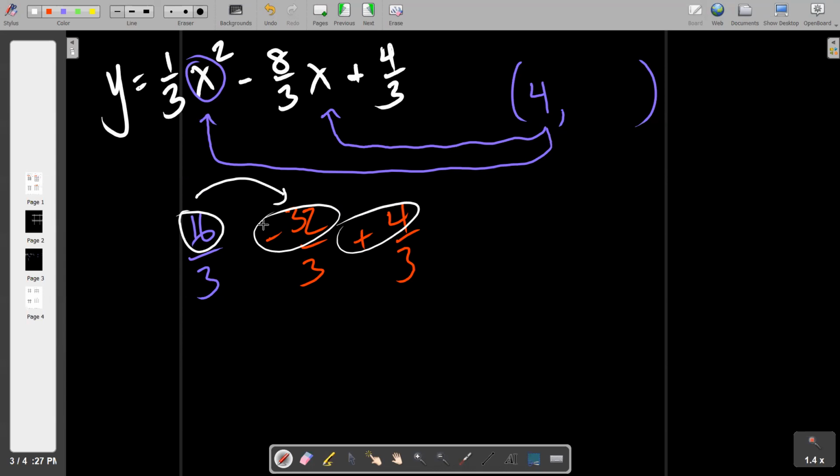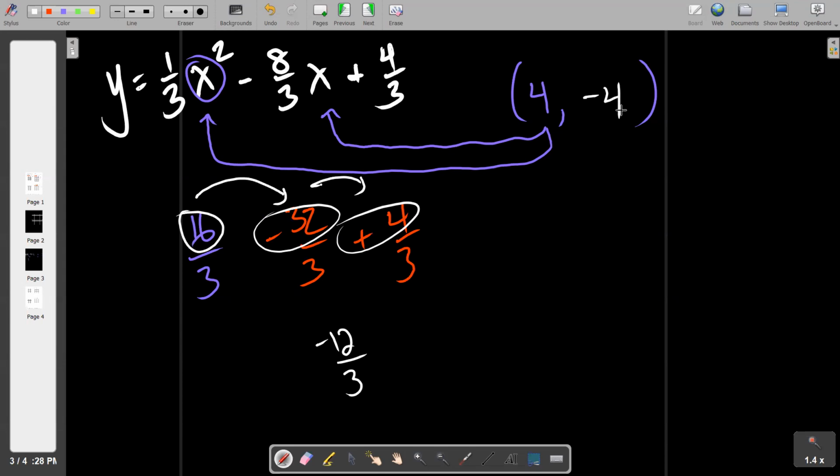It's not 16. That's a big difference. Yes, it's negative 16. And what's negative 16 plus 4? It's negative 12, which then if I put it over 3 is equal to negative 4.